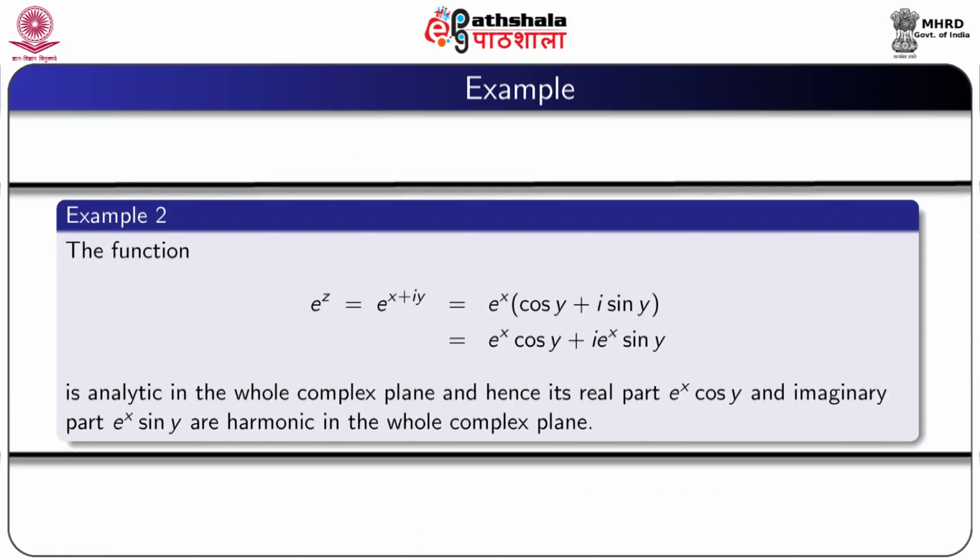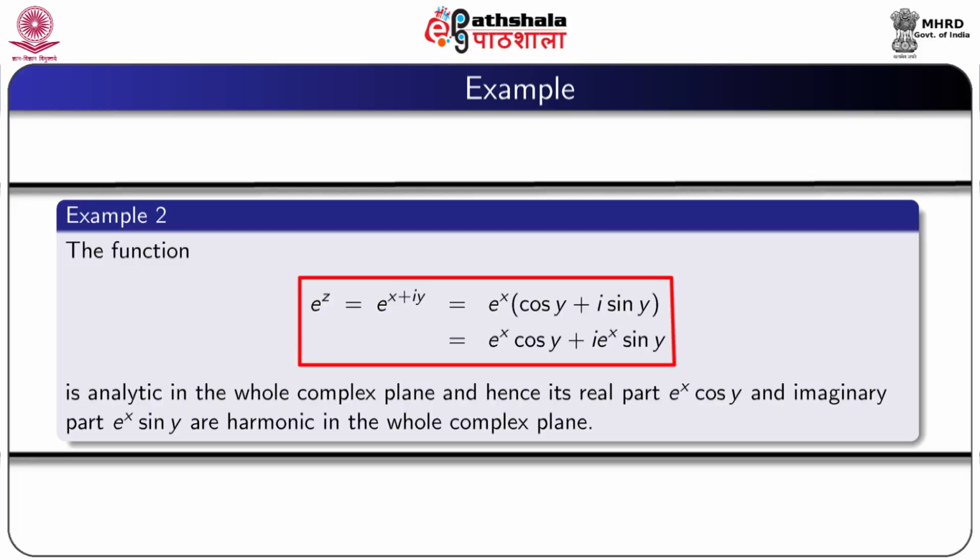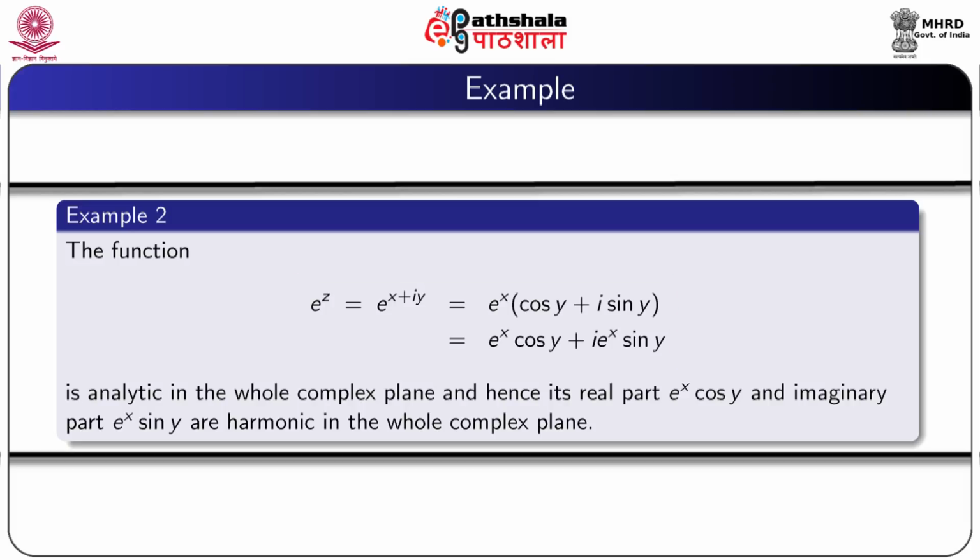So, now we give an example. The function e^z, we put z = x + iy. So, that is equal to e^(x+iy), and this can be written as e^x · e^(iy), that is equal to e^x (cos y + i sin y), and this equals e^x cos y + i e^x sin y.